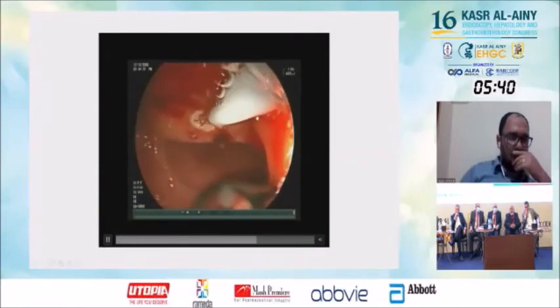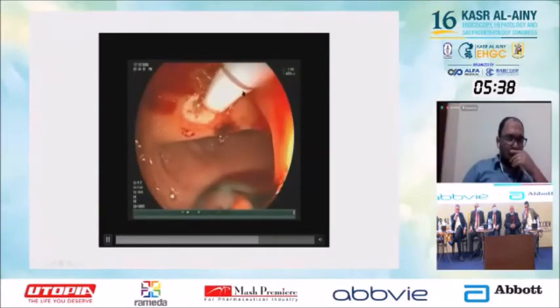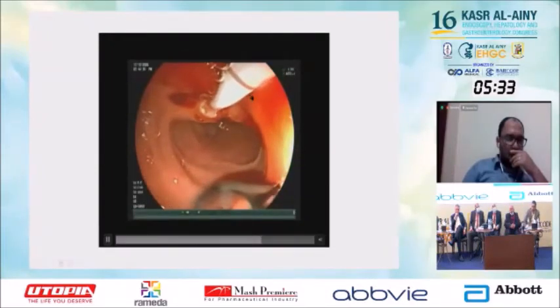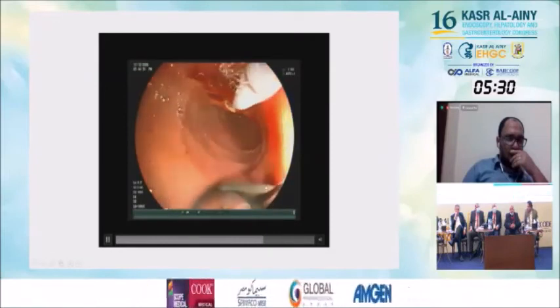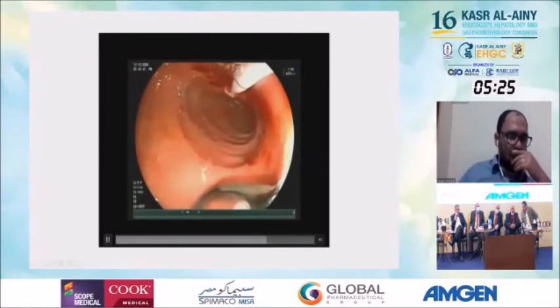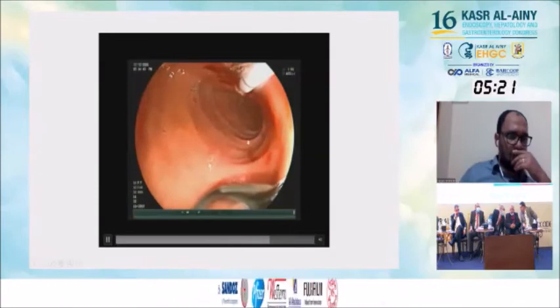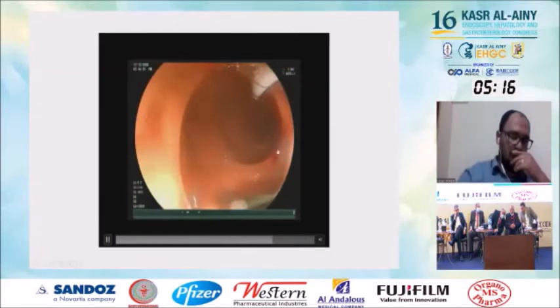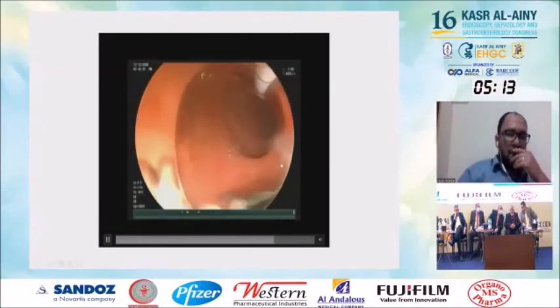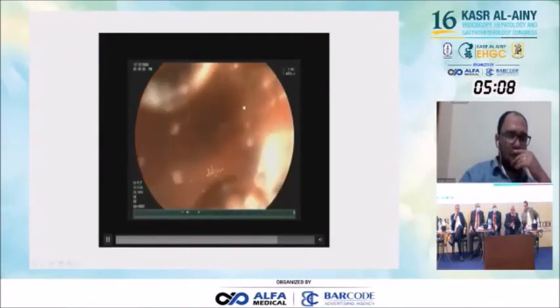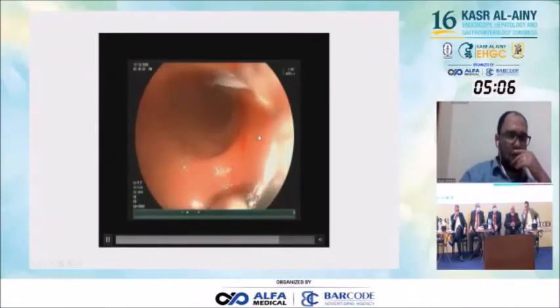This is the first mark, and this is the second mark. Now I try to withdraw the scope towards the pylorus gradually while deploying the stent, maintaining the wire inside. Slowly, slowly, maintaining the wire and going back to the pylorus.